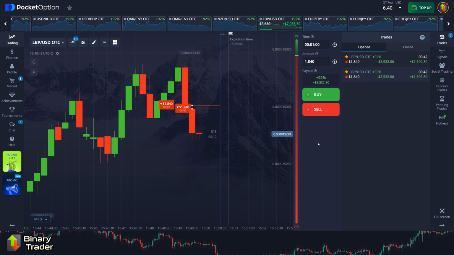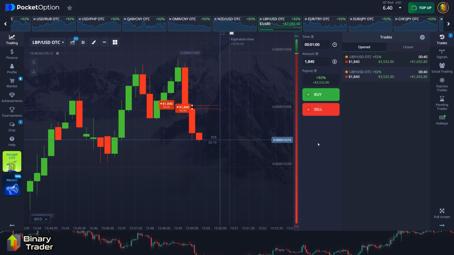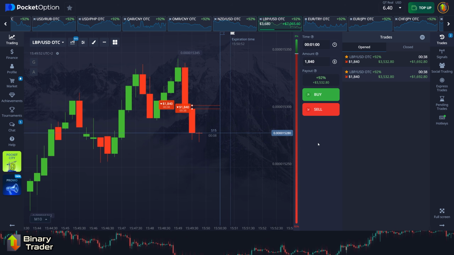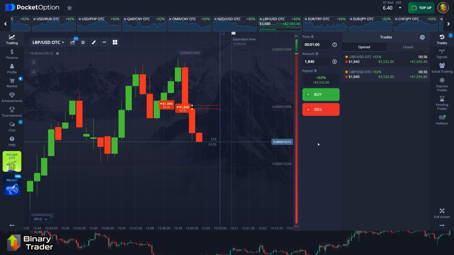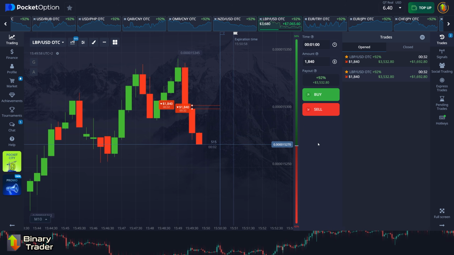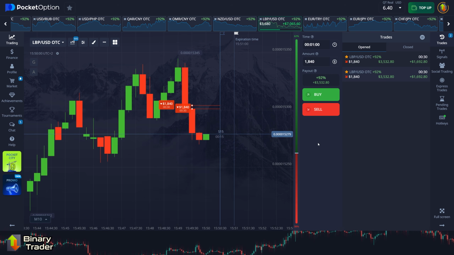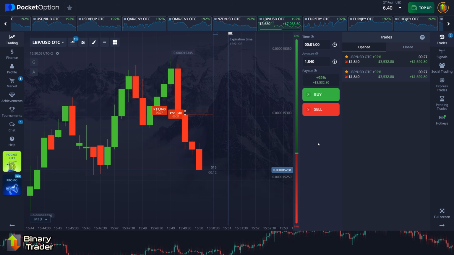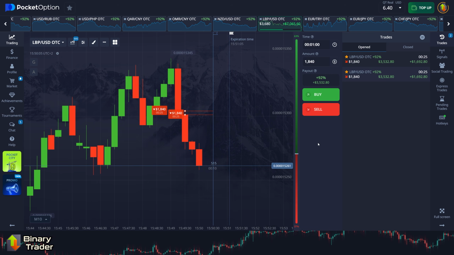First candle of the trade performed well. Though keep in mind, in this type of trading, direction matters more than the size of the move. Strong bearish momentum seems to build up.